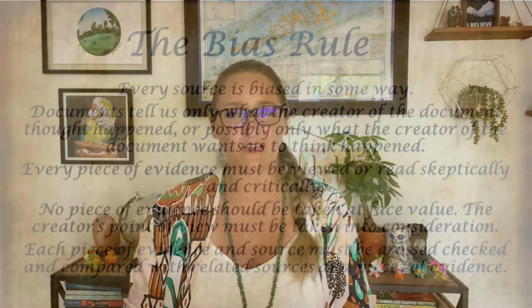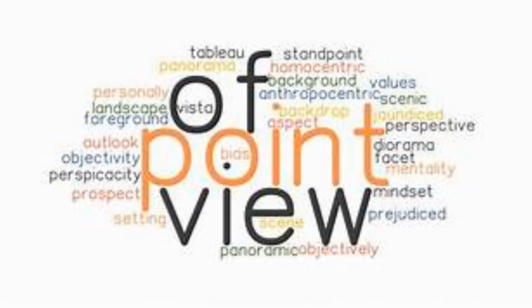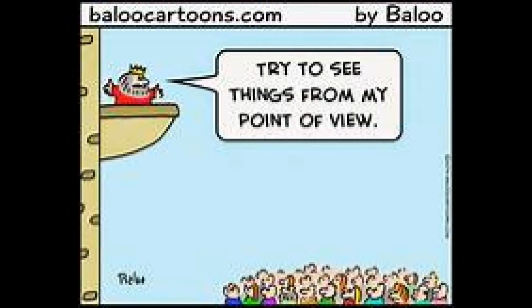Now, we discussed bias a little bit in our past episode. However, we're going to discuss point of view and bias because they are very similar. Now, a point of view is a person's personal attitude about life or people, and bias is an unreasoned emotional judgment about people or events.